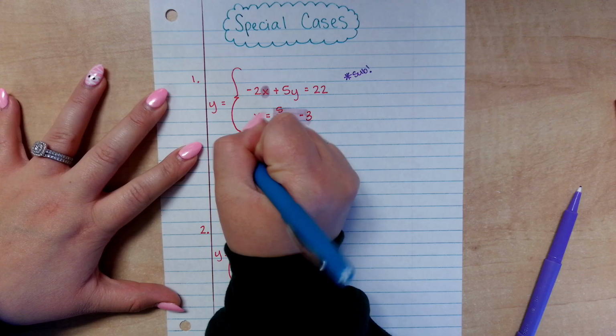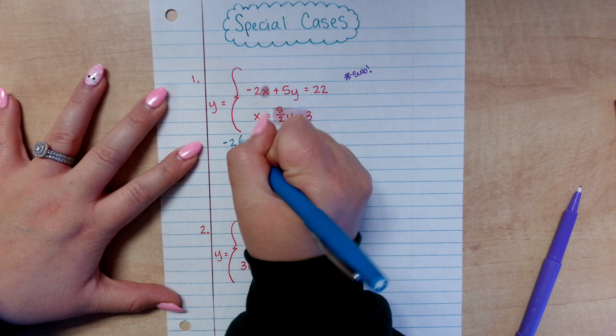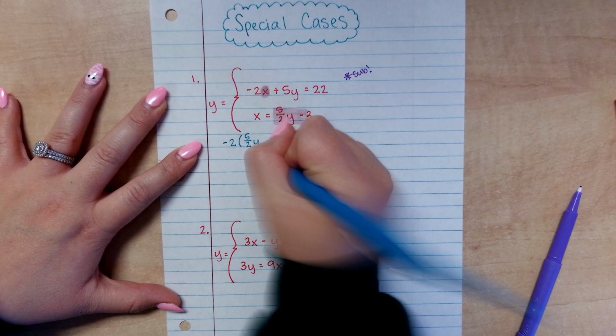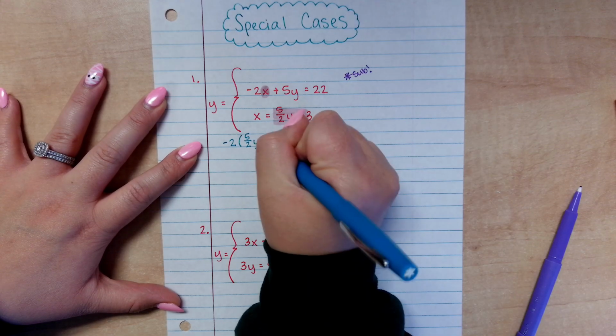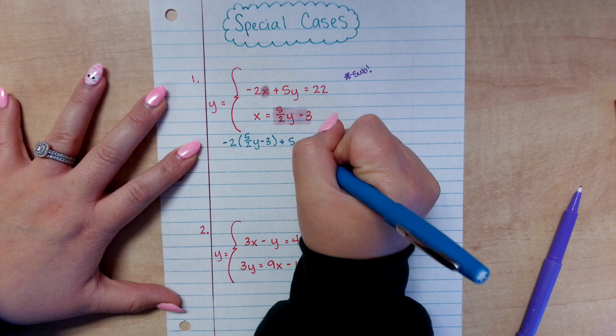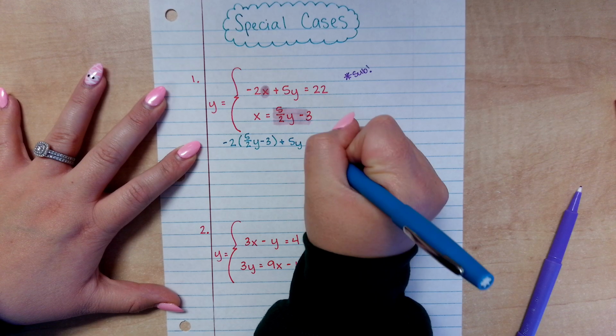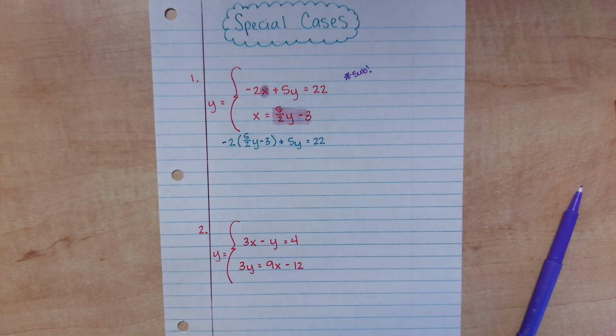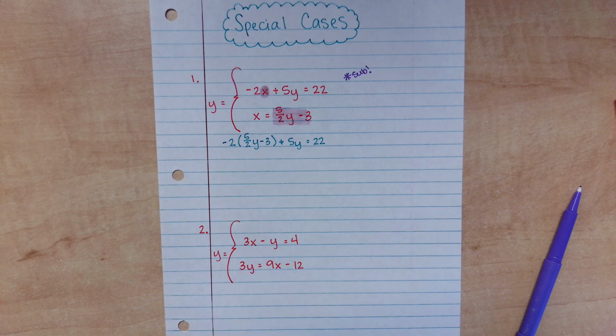Negative 2 times 5 over 2 y minus 3 plus 5y equals 22. So remind yourself of the purpose of why we did that. We were able to do that because I have a value for x. I was able to get rid of that x and make it to where I only had y's in my answer.